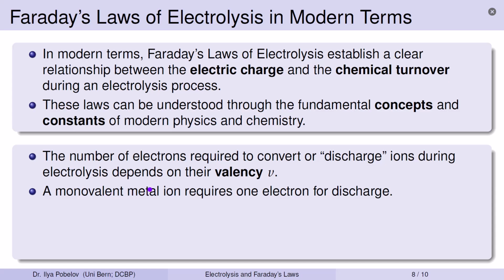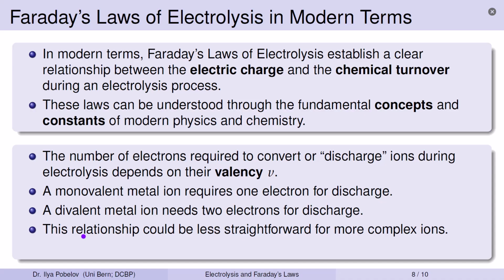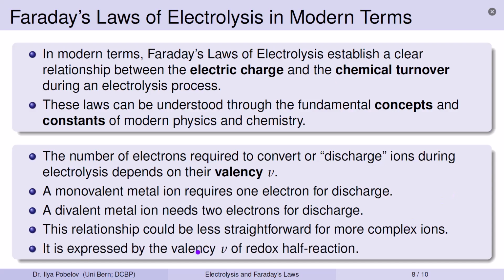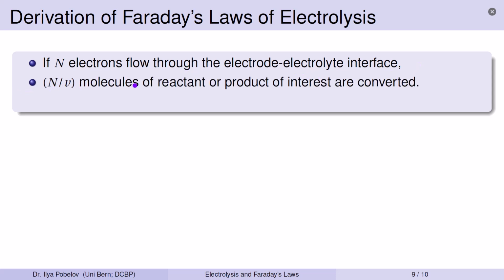A monovalent metal ion requires 1 electron for discharge and a divalent metal ion needs 2 electrons. This relationship could be less straightforward for more complex ions, as expressed by the valency of redox half reaction. If n electrons flow through the electrode-electrolyte interface, n over v molecules of reactant or product of interest are converted.